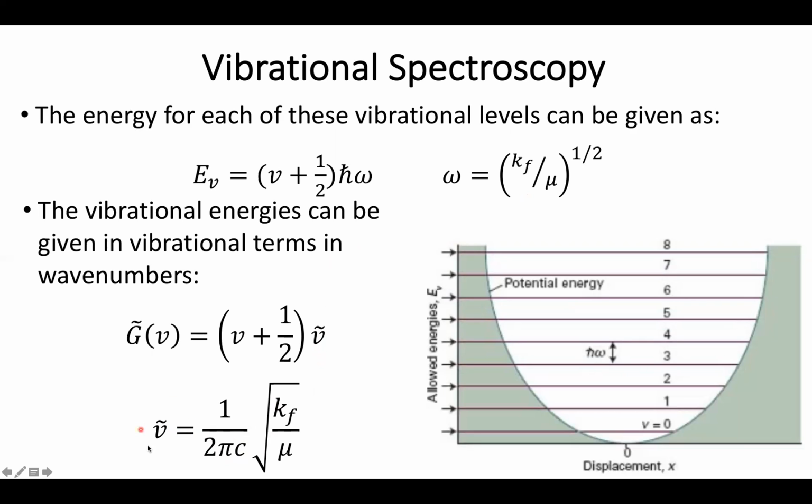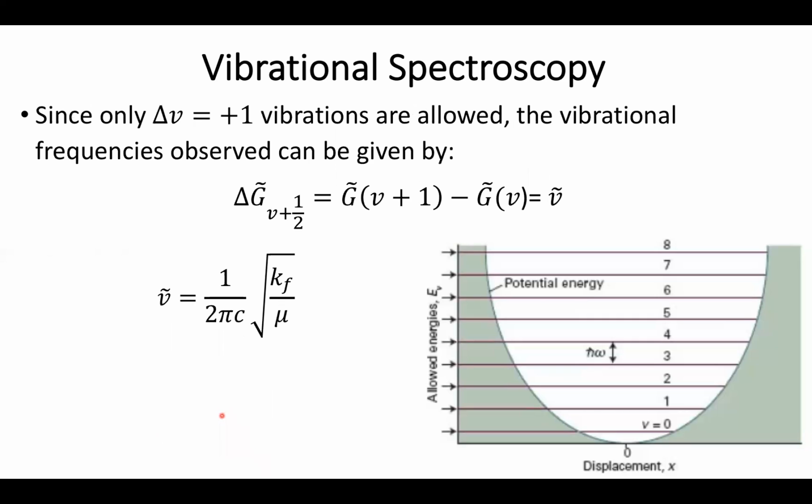So again, this vibrational constant is usually what you can think of having measured most of the time when you're taking infrared spectroscopy. And one of the reasons why is because our only major absorptions are taking place when we increase our vibrational quantum number by 1.